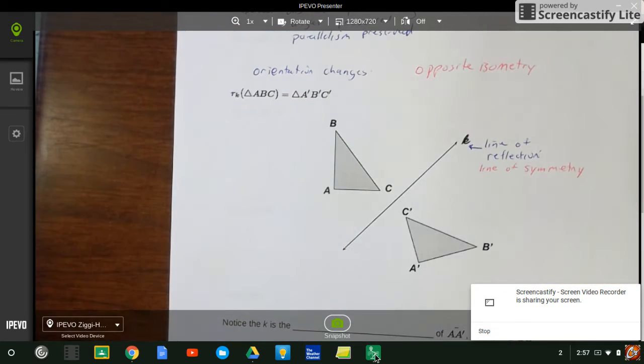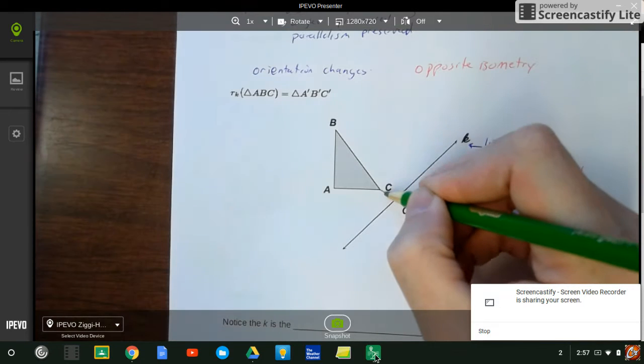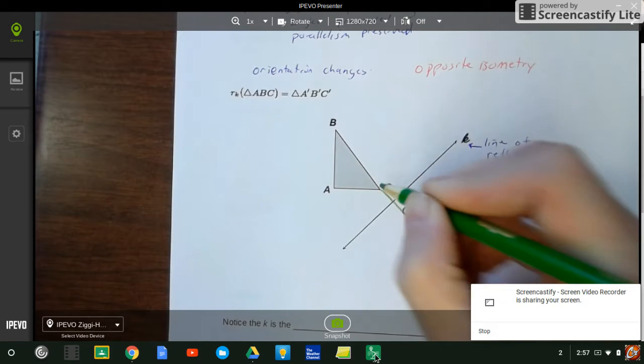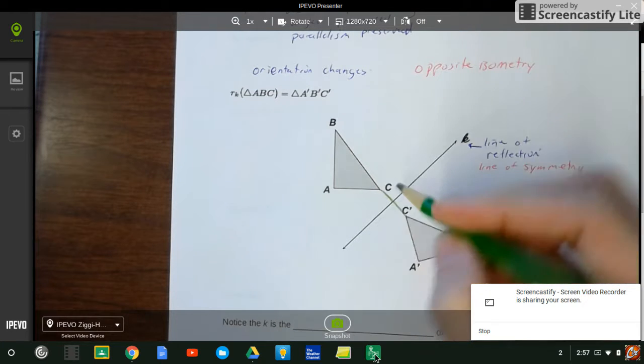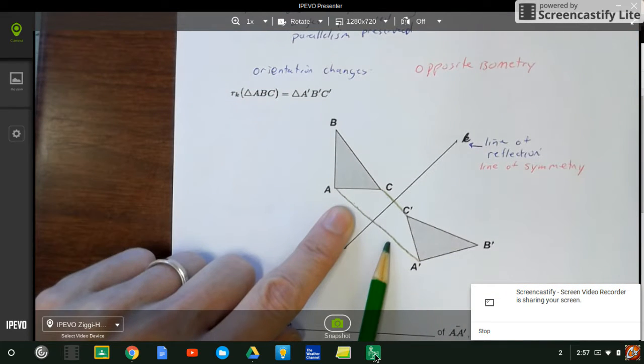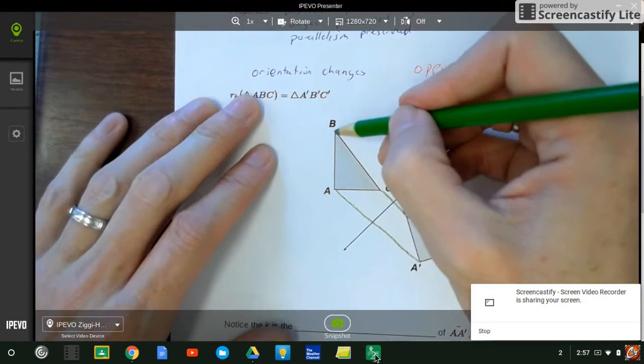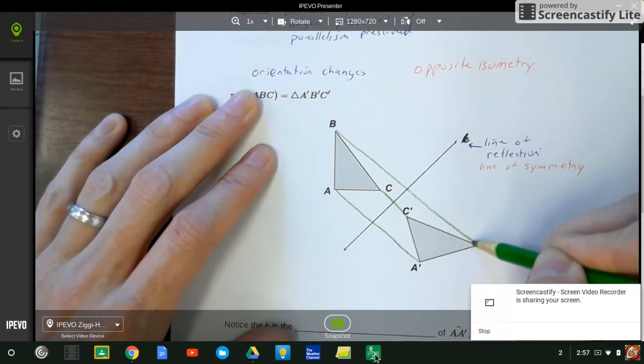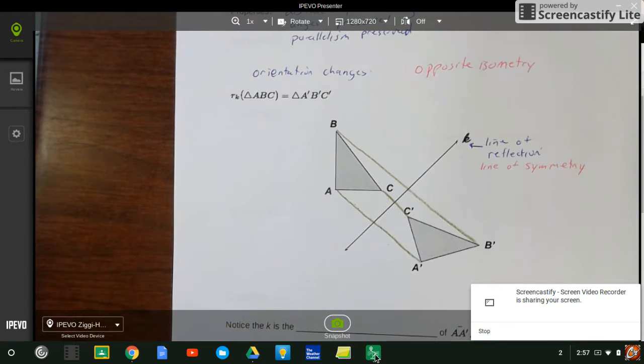And we call it a line of symmetry because if you look at the length of things, the length from C to here, if I go across there, this length is the same as that length. Same is true if I go from A to A prime. These two lengths are the same. And from B to B prime, these two lengths are the same.